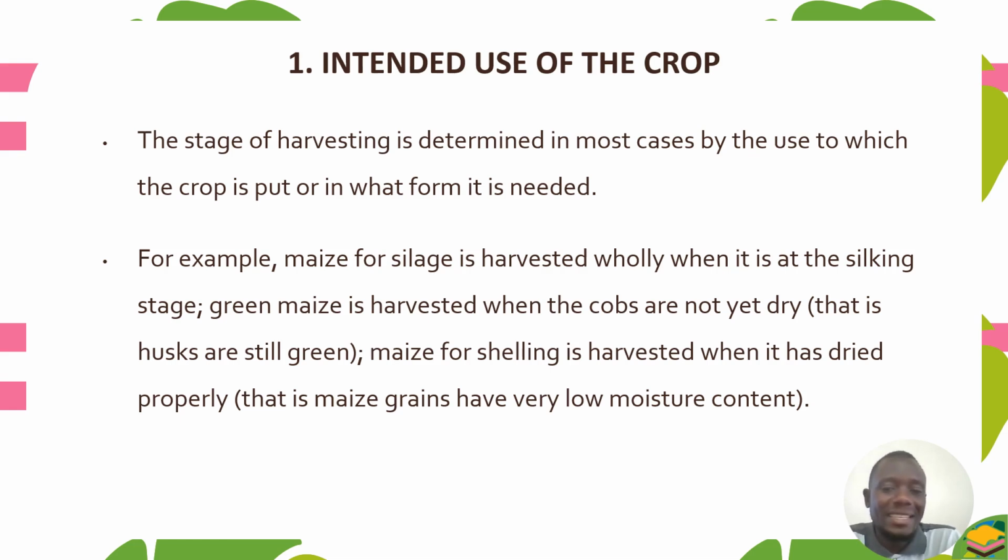It has to be harvested at silking stage. While green maize is harvested when the cobs are not yet dry. That's the stage where you can harvest green maize. Then maize for shelling is harvested when it is dried properly. So if you have planted maize for shelling, it means you have to harvest when it is fully dry.